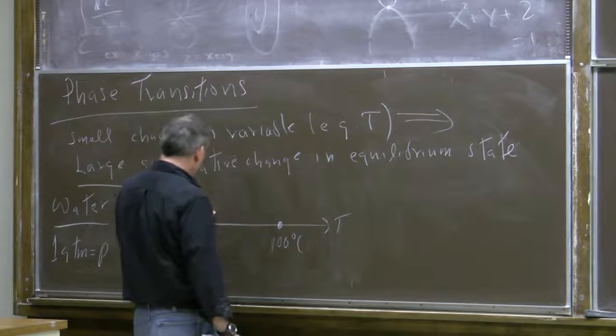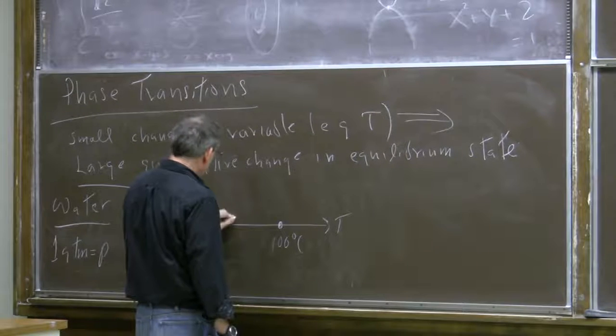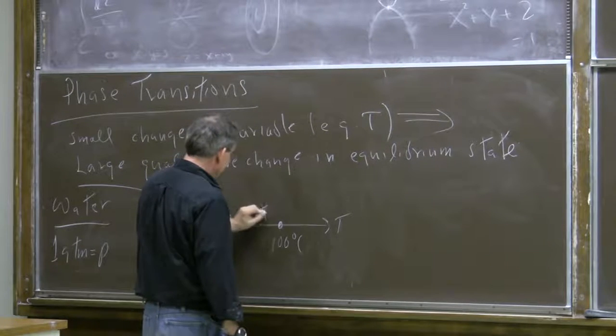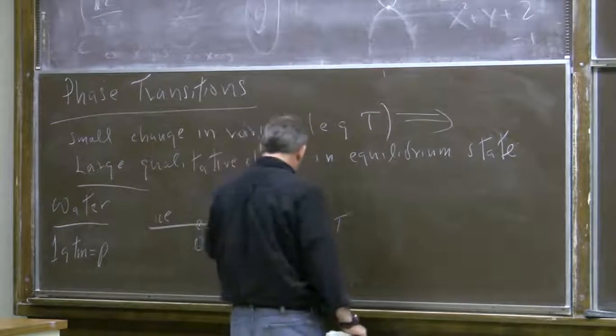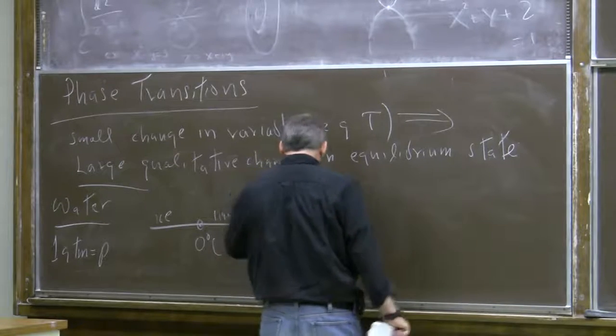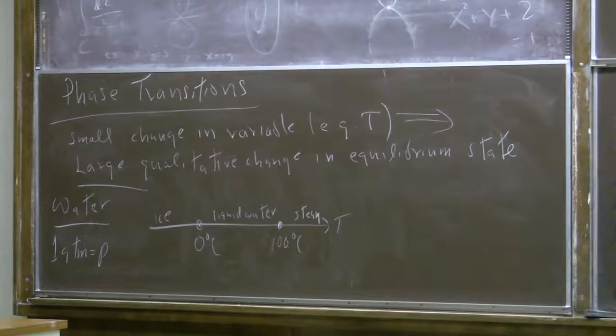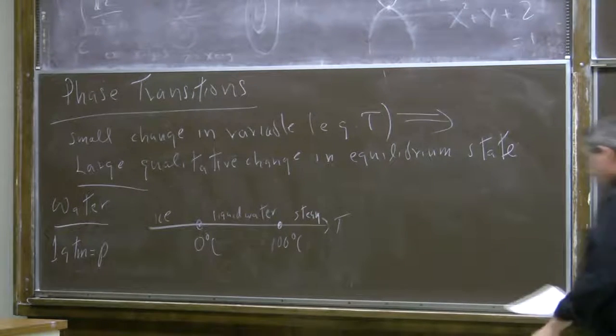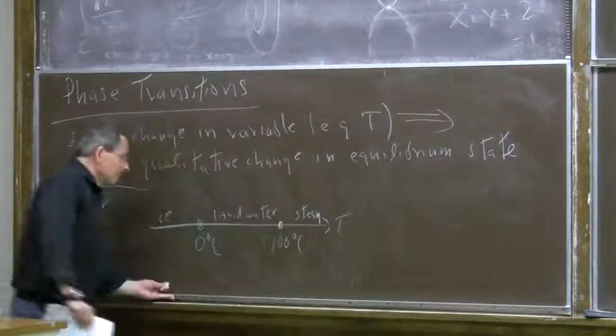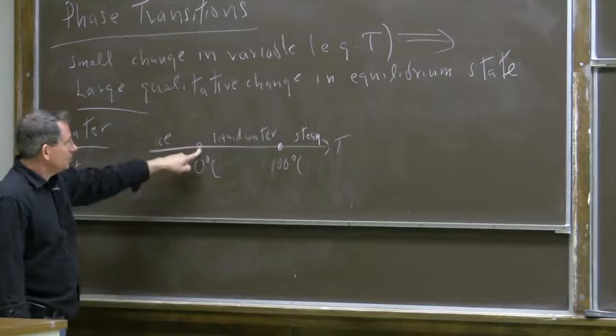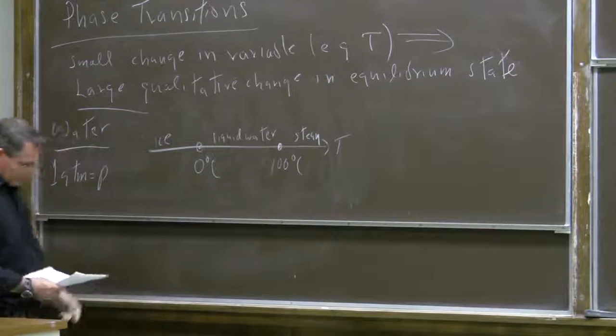Between 0 and 100, it's liquid water. Above 100 degrees, it's steam. So as we increase the temperature starting below 0 degrees Celsius, there will be two phase transitions at these two special values of the temperature, 0 and 100 degrees.